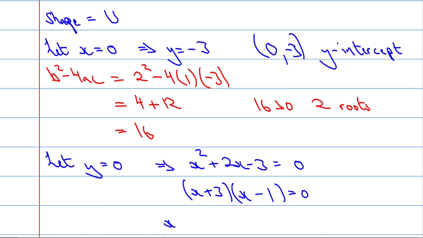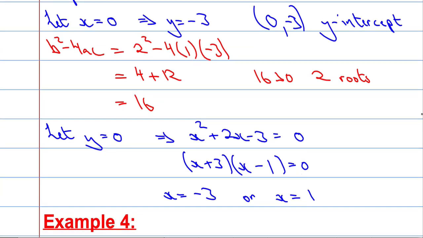So that means x equals negative 3, or x equals 1. So we've solved that now. So now I have the points where it crosses the x-axis in 2 places. And those points are when x is negative 3, y will be 0. And when x is 1, y will also be 0.